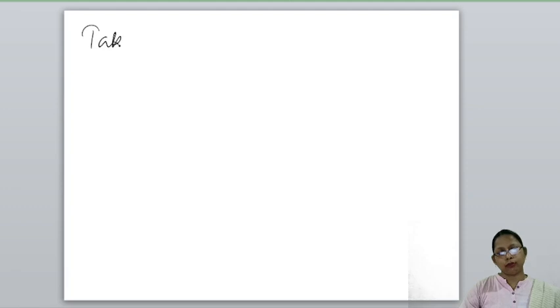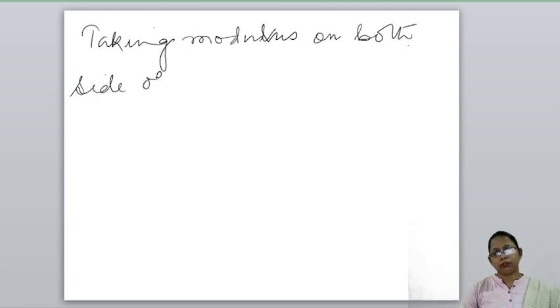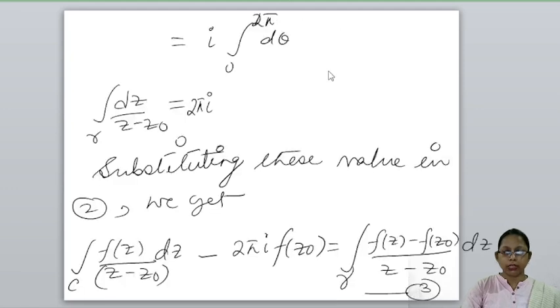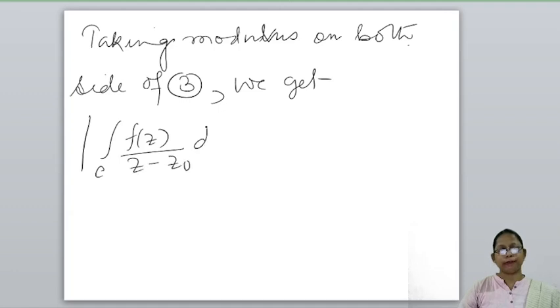Next, taking modulus on both sides of equation 3, we get the modulus of the integral over C of f(z) dz by (z minus z naught), minus 2 pi i f of z naught.